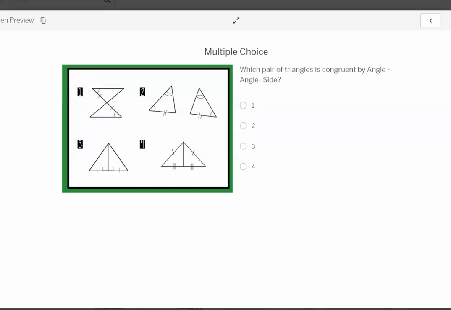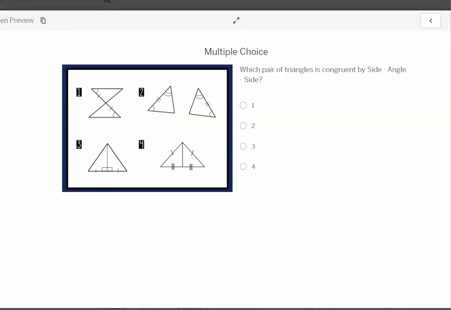This one is angle, angle, side. They're asking us angle, angle, side. So let's look at them again. We can just look at it quickly and see that this angle here, angle, and side, that works. Angle, angle, side. So that is number 2. And then I think there's one more.